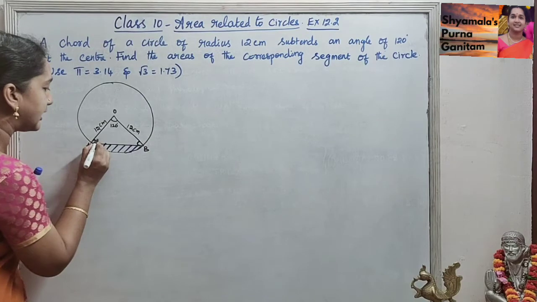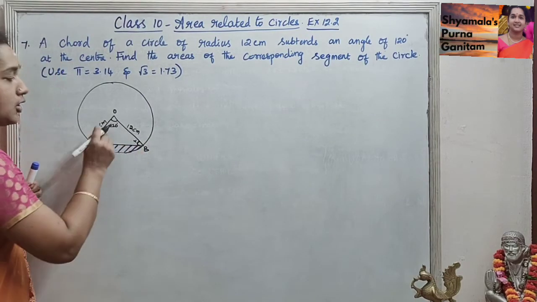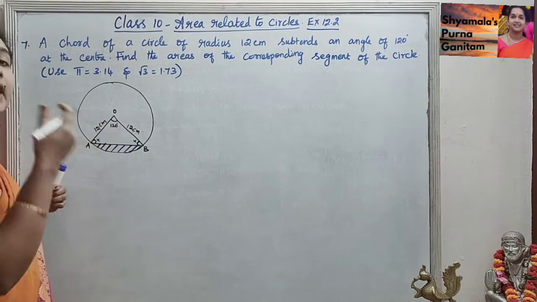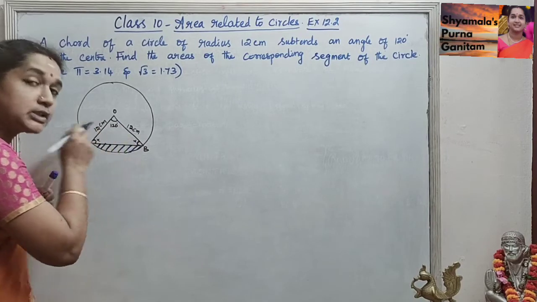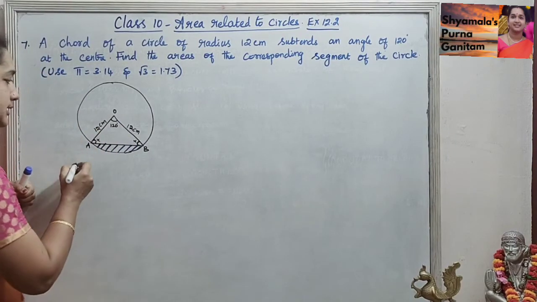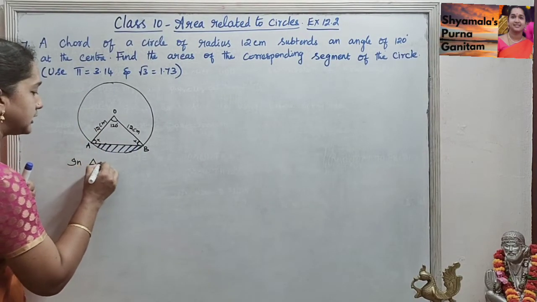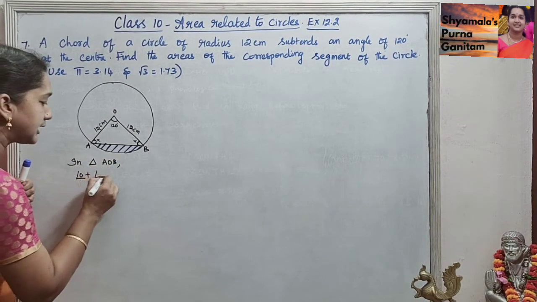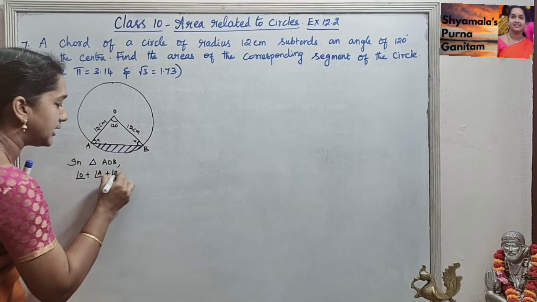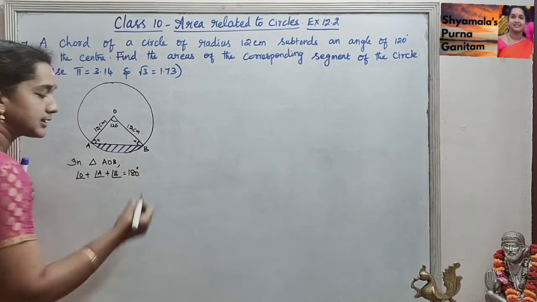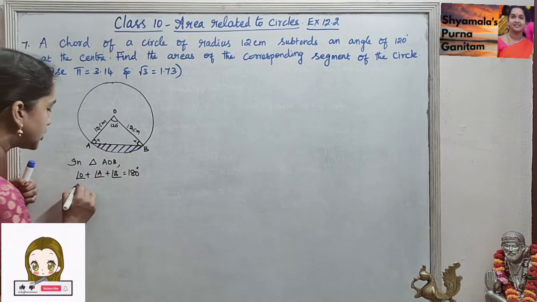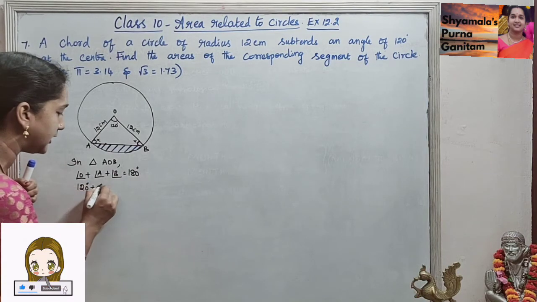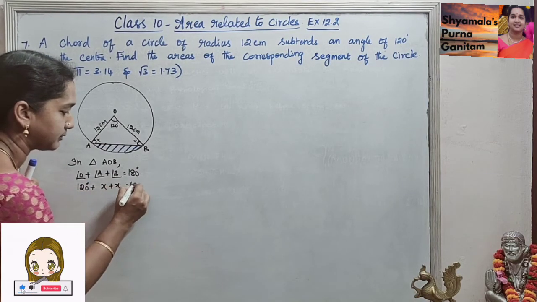So if we take that as x and x, already 120 degree is there. Using the angle sum property, first we will find the measure of these two angles. In triangle AOB, angle O plus angle A plus angle B is equal to 180 degree, the sum of angles in a triangle. O is given as 120 degree, and this we have taken as x.